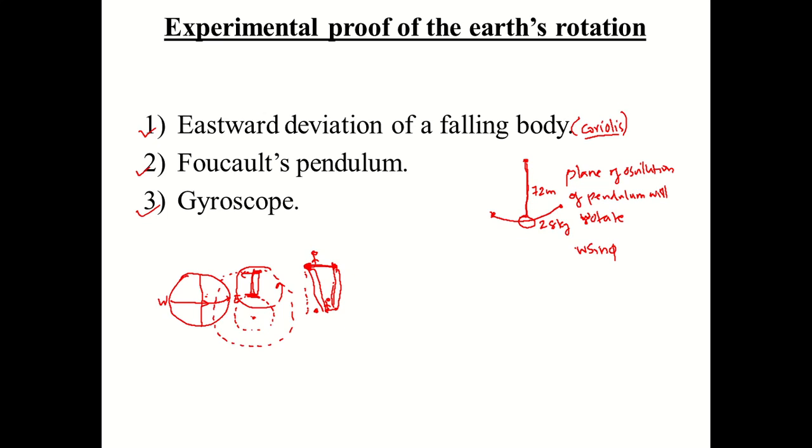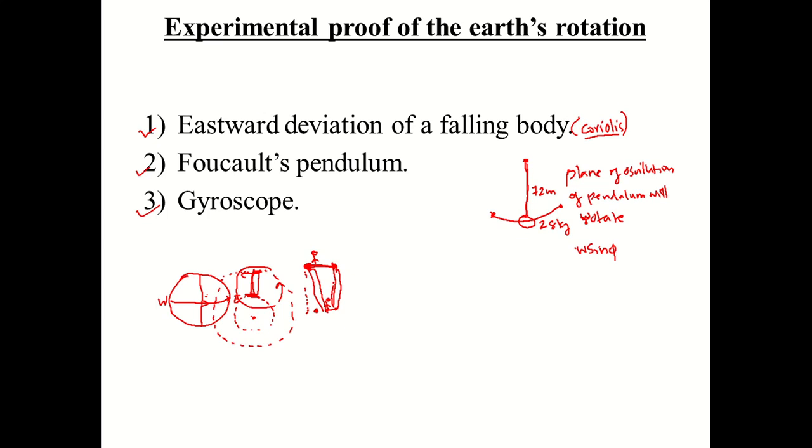So if the Earth were not rotating, or were stationary, the axis of this gyroscope would also be stationary, without any change, but depending on the angular velocity of the Earth's rotation, the axis of this gyroscope will also rotate.